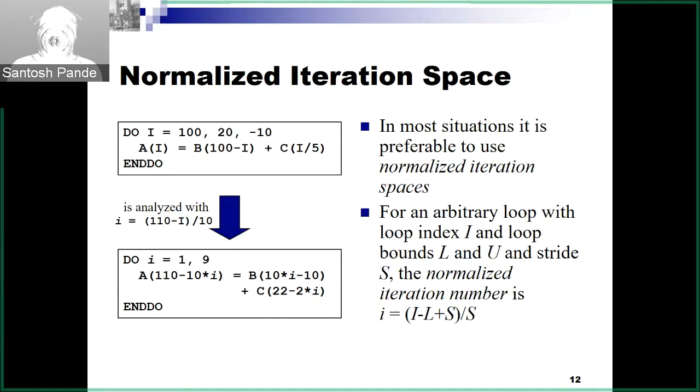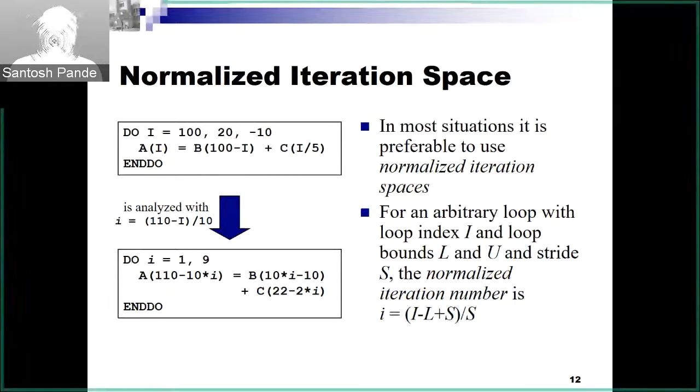The new index variable is generated as follows. It's shown here by substituting it with small i being equal to (110 minus I) divided by 10. And the key idea here is to be able to get the lower bound equated to 1, and the stride reduced from 10 to 1.